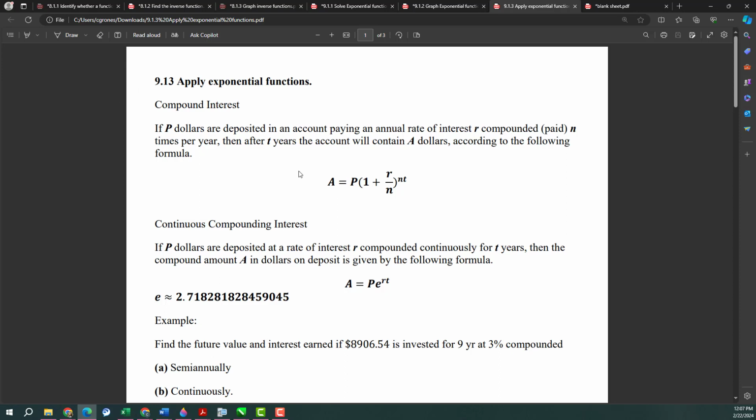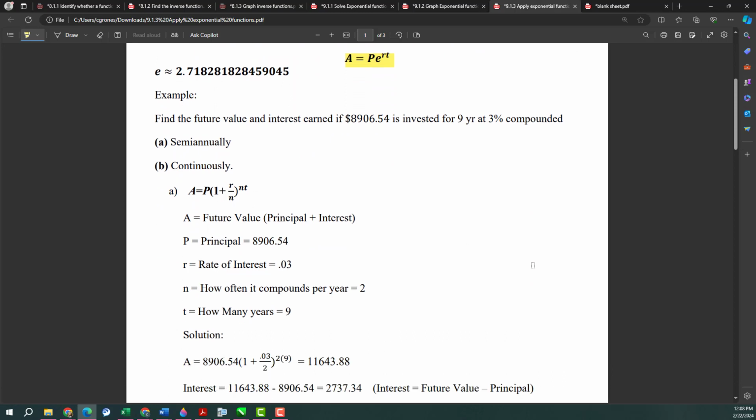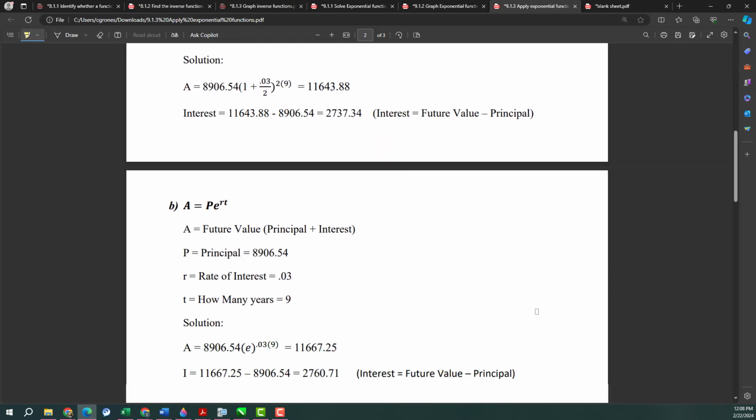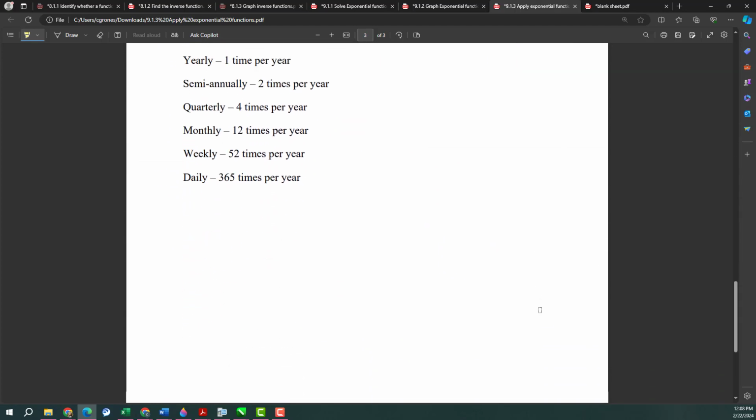It gives us the formula for compound interest, and then continuous compound interest. They're going to give you all of the pieces that you need for the formula. You just plug everything in and then you can put it in your calculator to find your answer. And then there are some examples at the end. So let's look at our homework for Module 9.